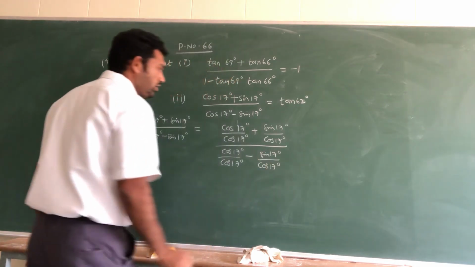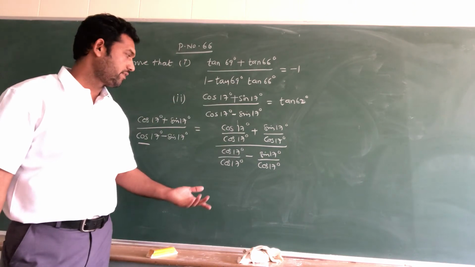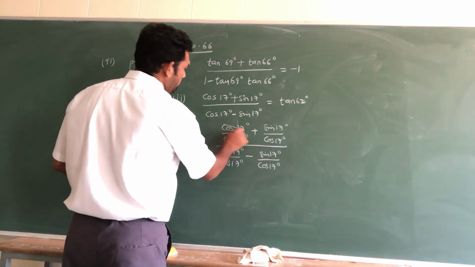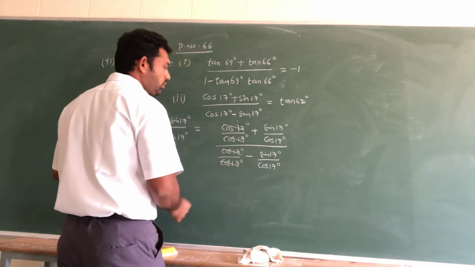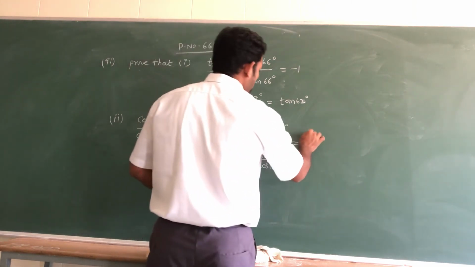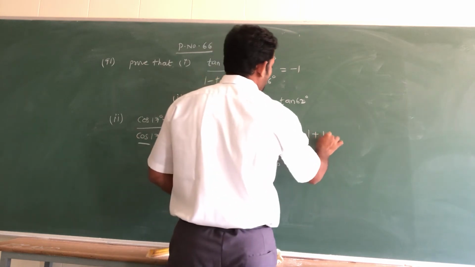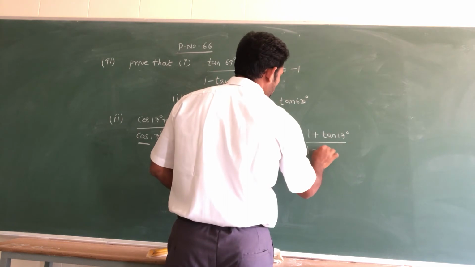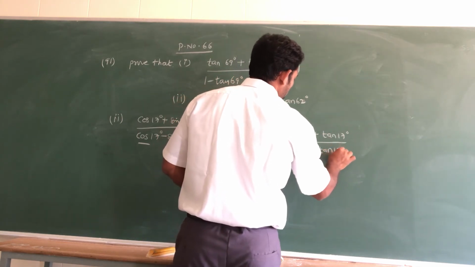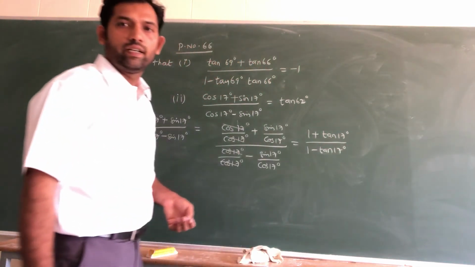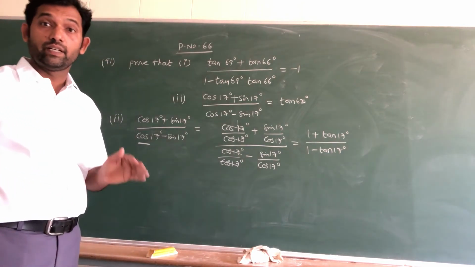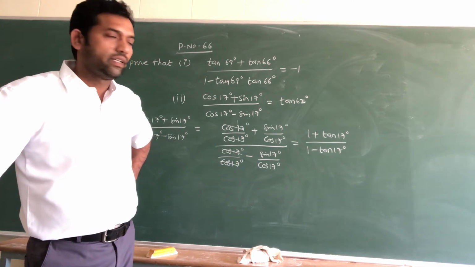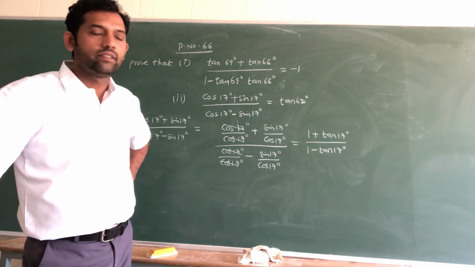Simplifying, these cancel. What remains is 1 plus tan 17 degrees divided by 1 minus tan 17 degrees. Clear?